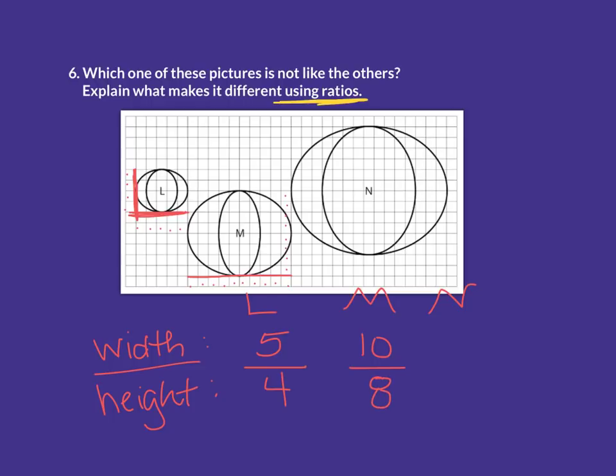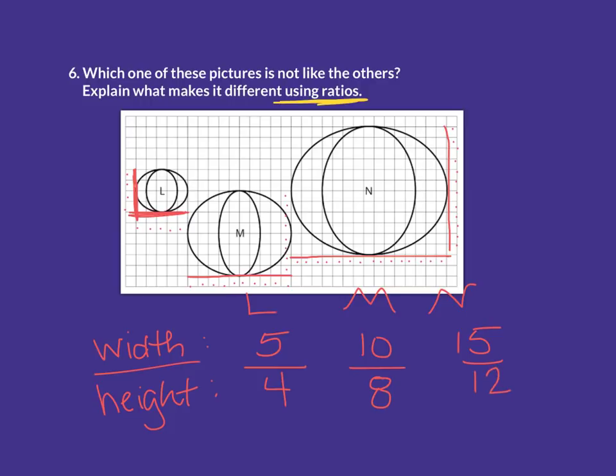And for N, if I look at the width, I've got 15 wide, and the height, I've got 12 high.